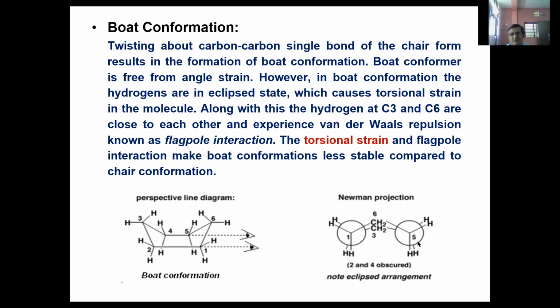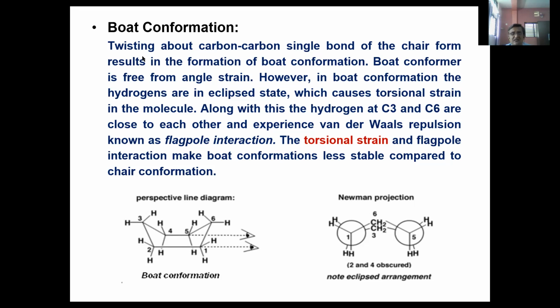So in the eclipsed form, you will find the dihedral angle is almost 0, and the internal repulsive interaction is very high, because the atoms are very close together. The bond angle is 111 degrees, but in fact, because of the steric strain or torsional strain, it becomes highly unstable.